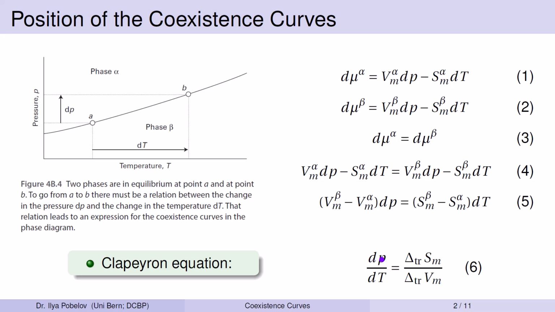It states that the derivative of pressure by temperature along the coexistence curve is equal to the difference in molar entropy between two phases over the difference in molar volume.